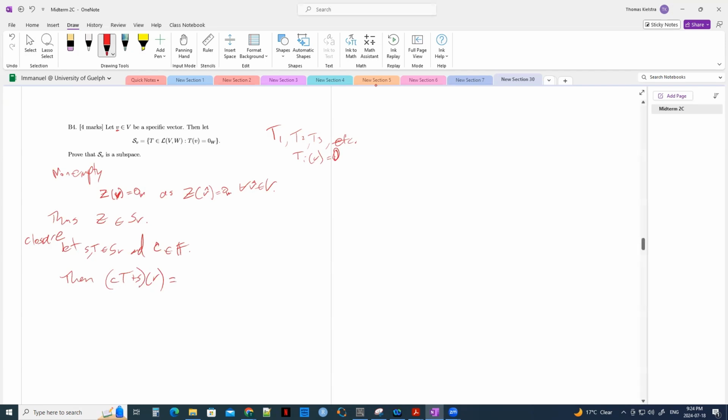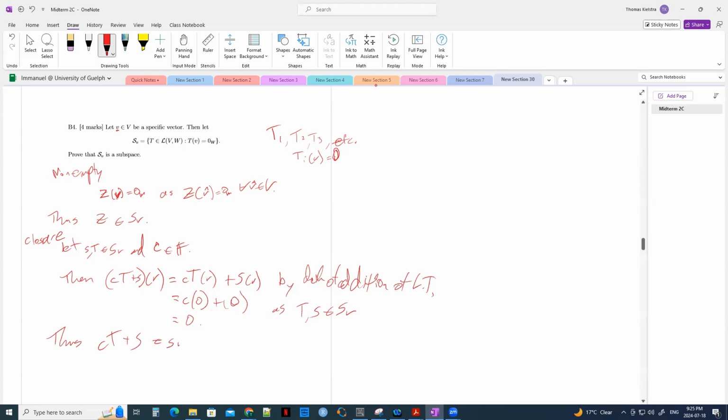Well, let's now use our properties. This equals cT(v) + S(v) by definition of addition of linear transformations. Well, this equals c times 0 plus 0, as T and S are in S_v, which equals 0. Thus, cT + S is in S_v.